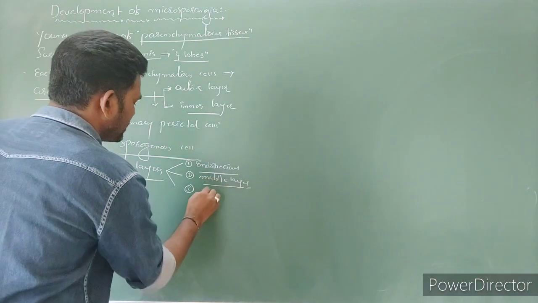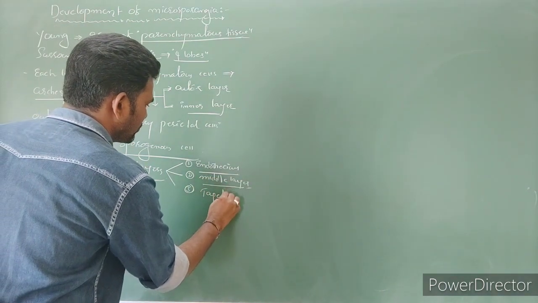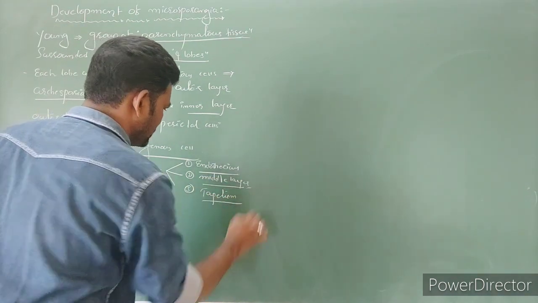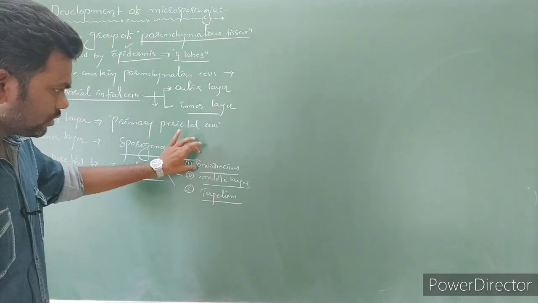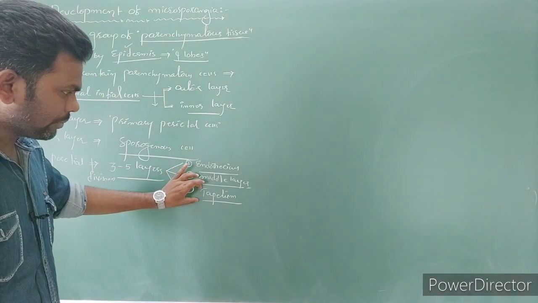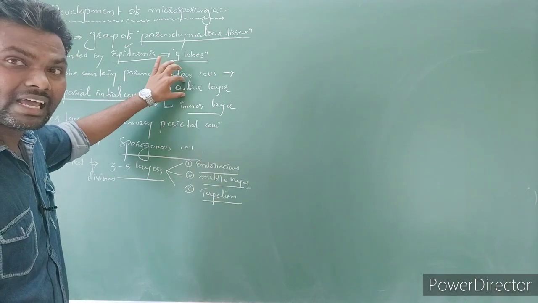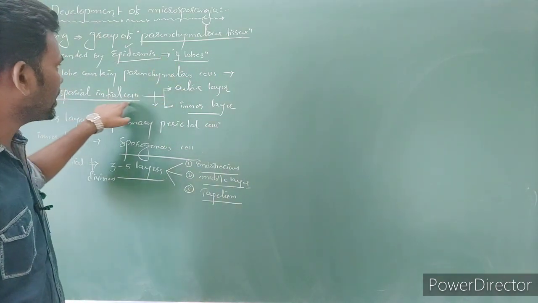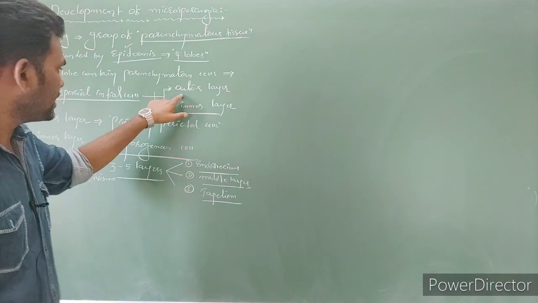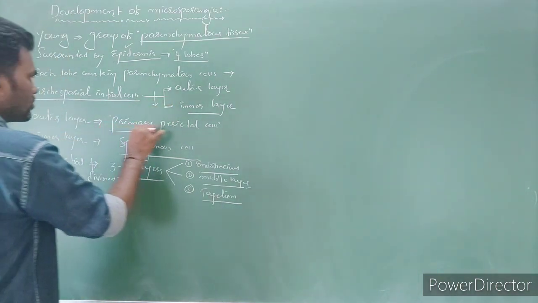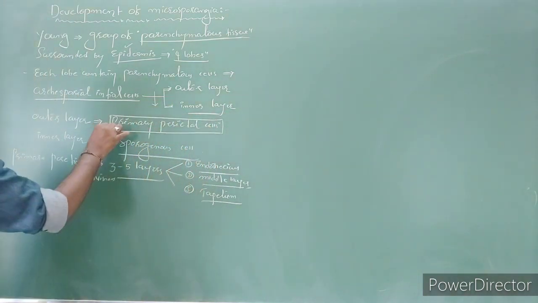Next, the tapetum cells. So these 3 layers, endothecium, middle layer and tapetum, come from the outer layer of the archisporial initial cells, which is called the primary parietal cells.